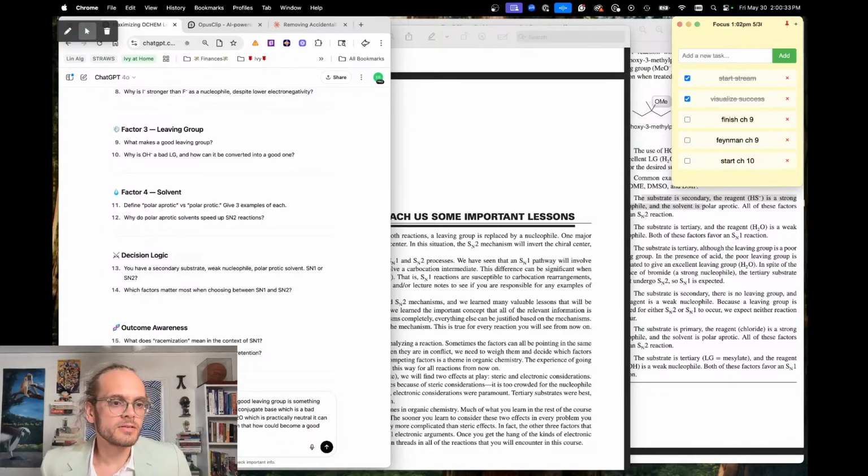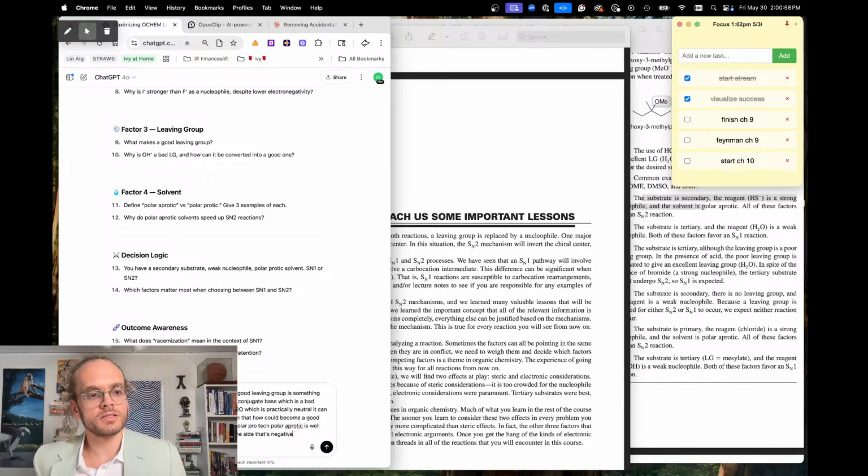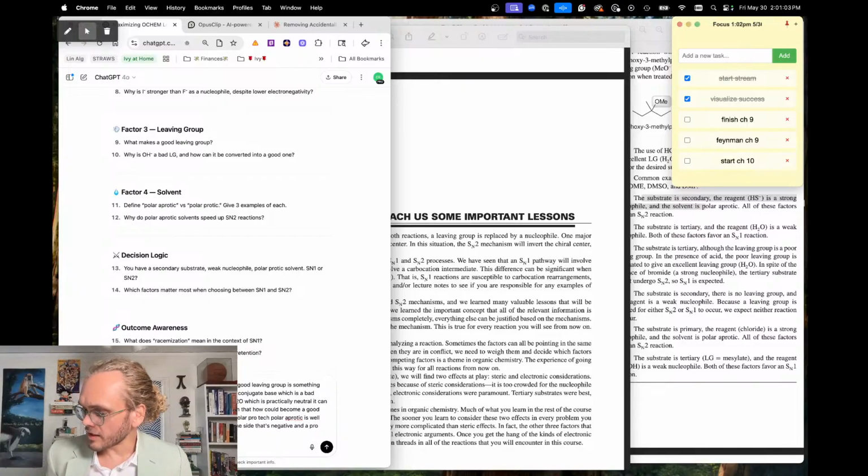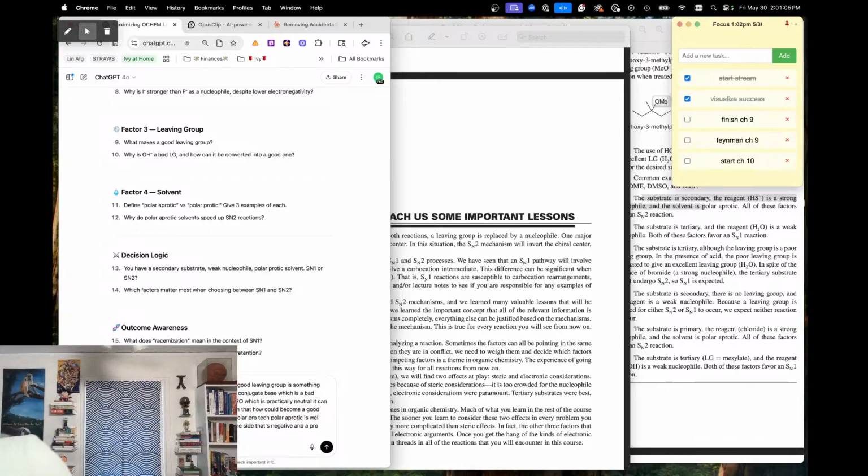Number 11, polar aprotic versus polar protic. Polar aprotic is, polar means that there's one side that's positive, one side that's negative. And aprotic is about having a proton that can be donated.